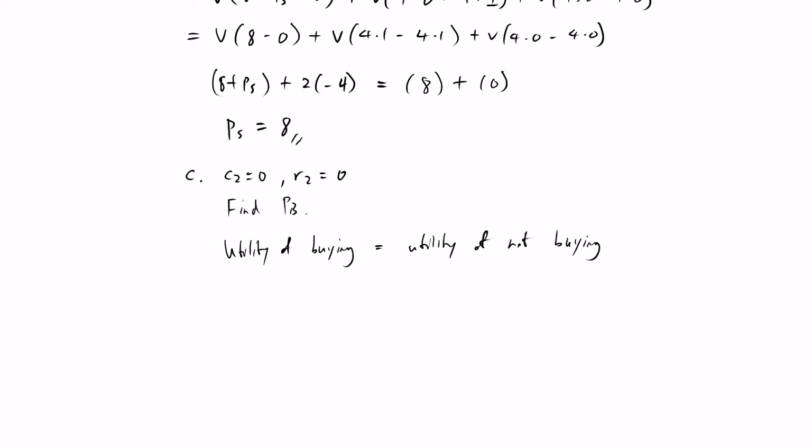So what you have is V of $8 minus the buying price, plus the utility of getting a muck that he does not expect.